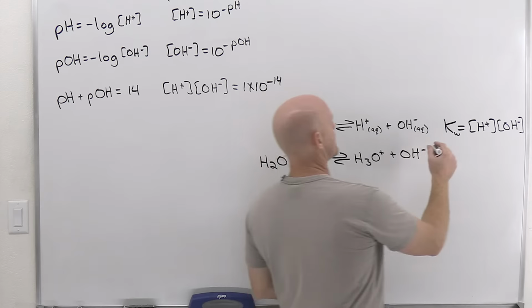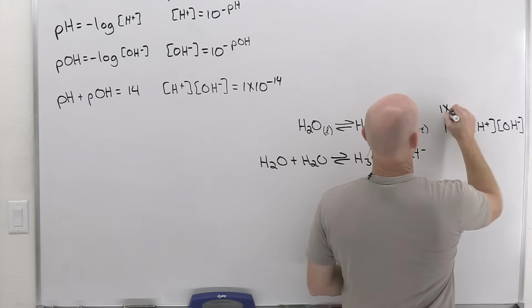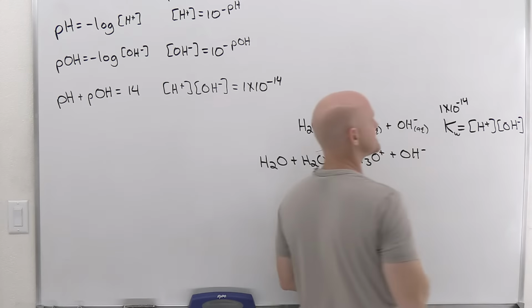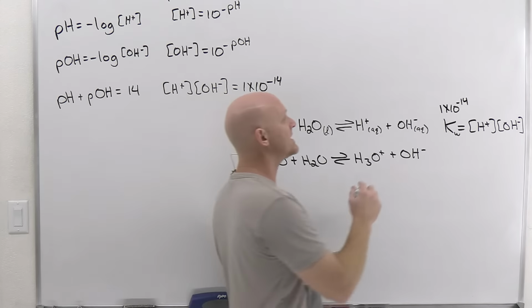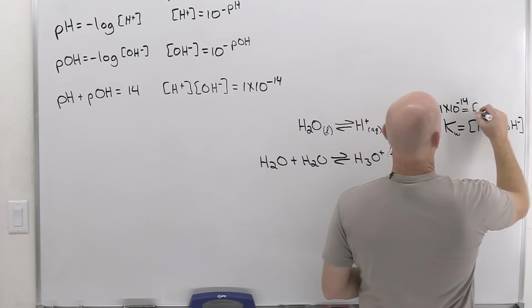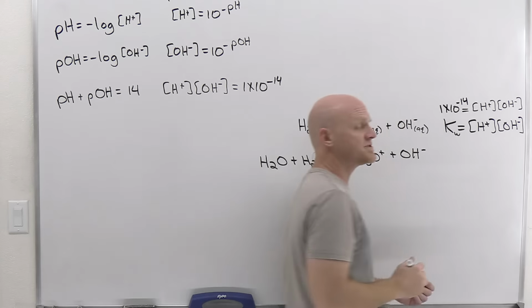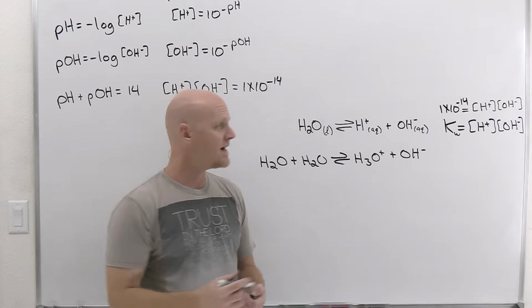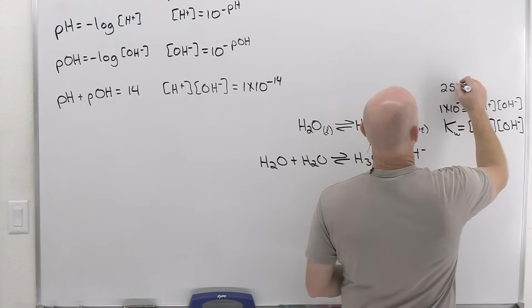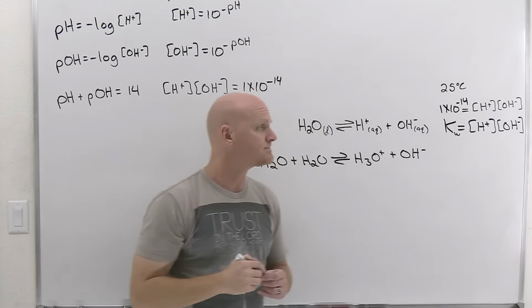And it turns out that at 25 degrees Celsius, this has a value of 1 times 10 to the negative 14. When we're doing pH calculations, we're going to assume that we're at 25 degrees Celsius unless we're told otherwise.